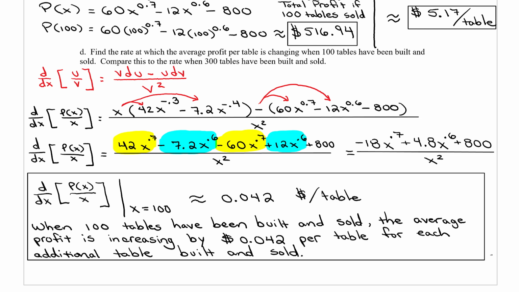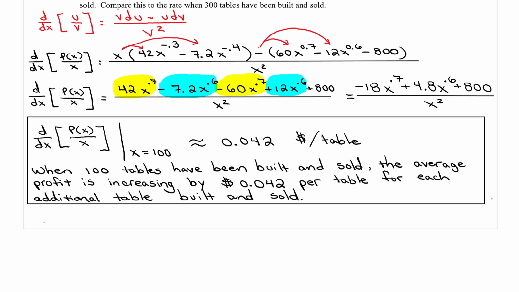So that's basically what this means. That's what we found right now when we found the rate of change. I'm going to go ahead and box that whole thing in.